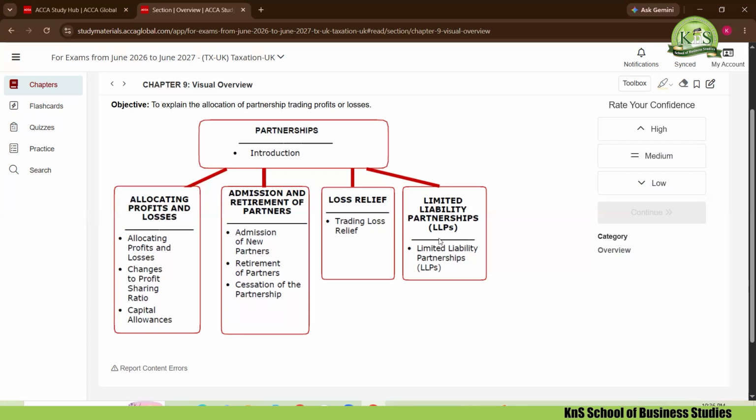And then the LLP concept is limited liability, which means that, let's suppose, the business goes bankrupt and the partnership has signed as an LLP. Then the partners and the business are separate legal entities.